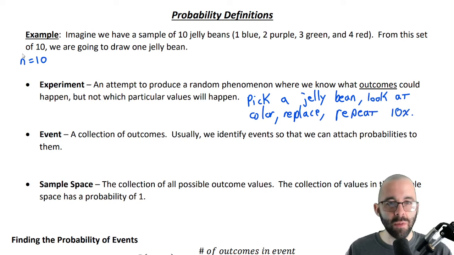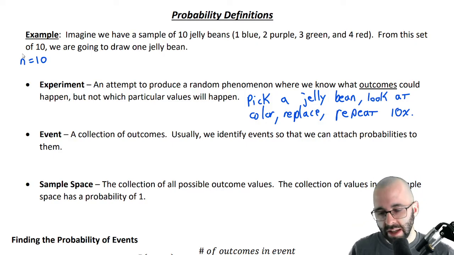That's our full experiment. So we know the possibilities. We're not going to be able to get 10 yellow jelly beans because there aren't any yellow jelly beans in here. Jelly beans. That's our experiment here.